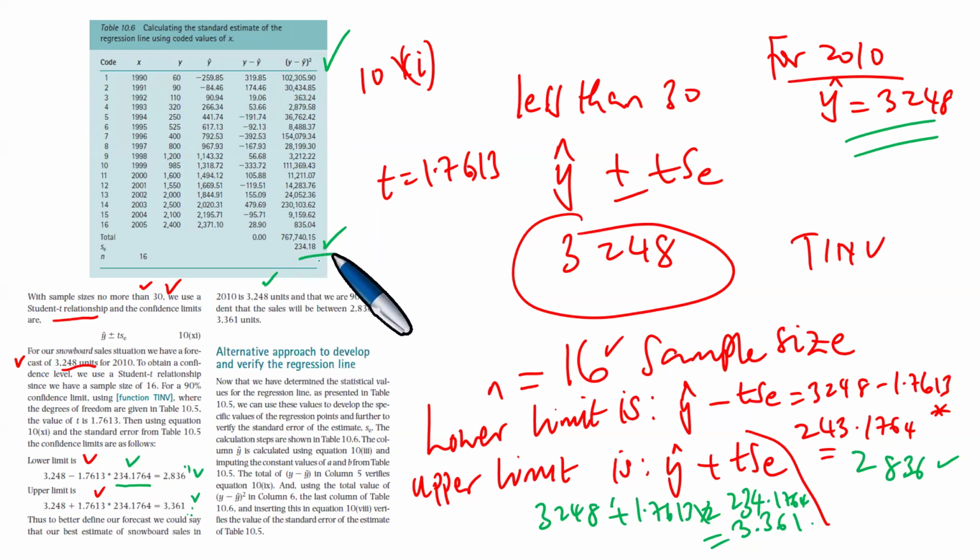If you add all these up and divide by n minus 2, 16 minus 2, then take the square root, you get 234.18. We need to make sure that we have that. That is just an alternative way to verify. That is the alternative approach to develop and verify the regression line.